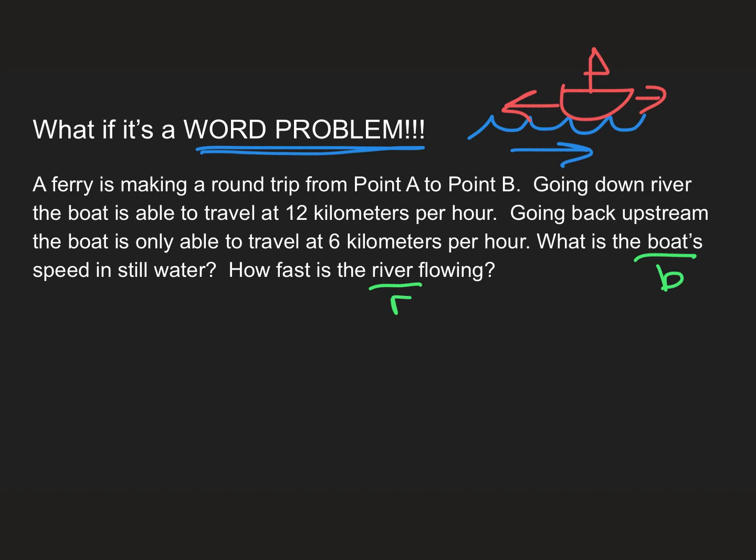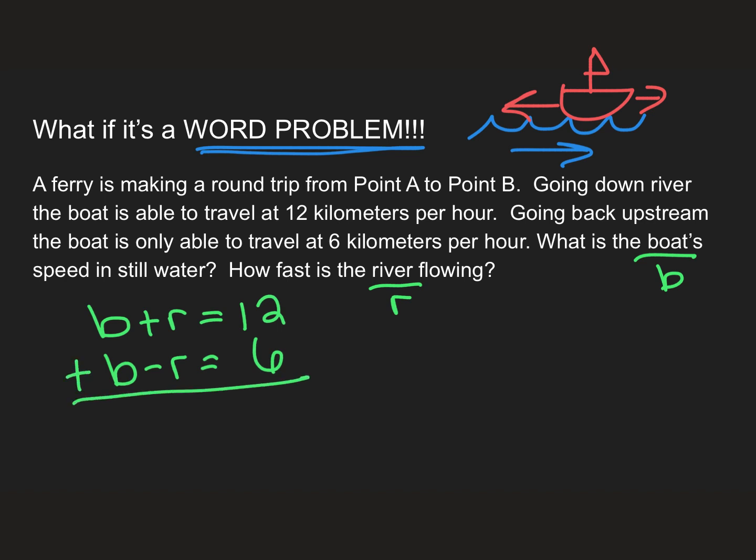So, when the boat is traveling with the river, it's able to travel at 12 kilometers per hour. When the boat is traveling against the river, it's only able to travel at 6 kilometers per hour. I'm going to add these, and I end up with 2B.